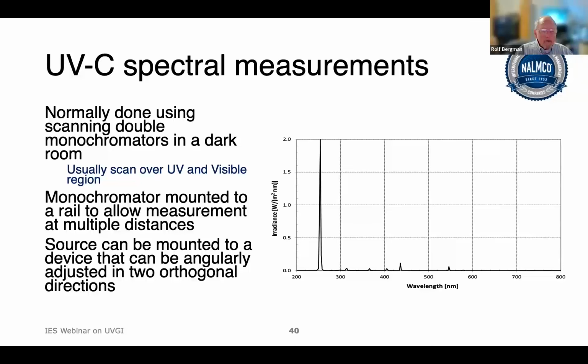And you can mount the detector or the source, depending on how you want to do it, on a rail. And so you can set a fixed distance between the detector and the source and measure the spectral output.